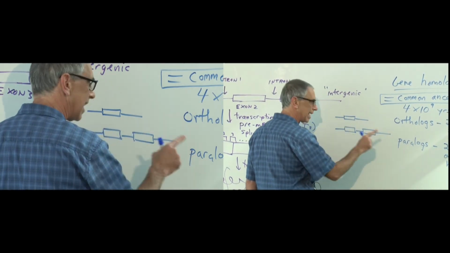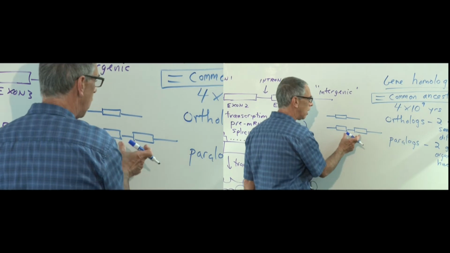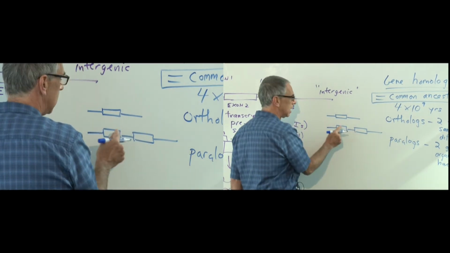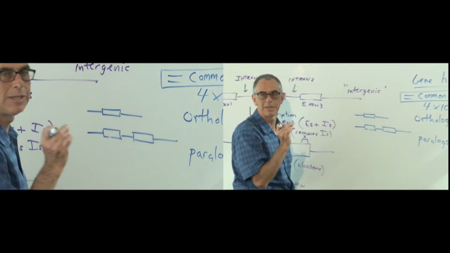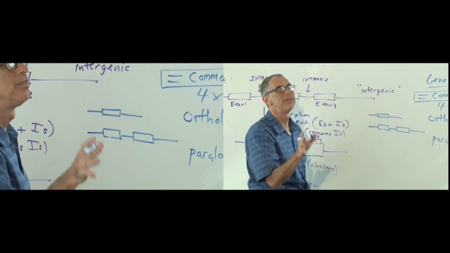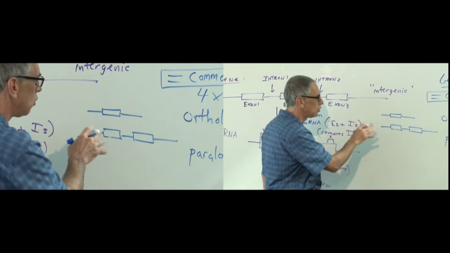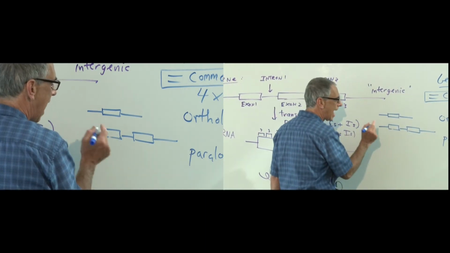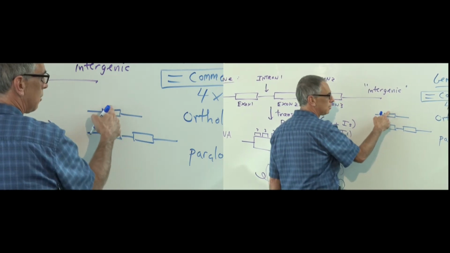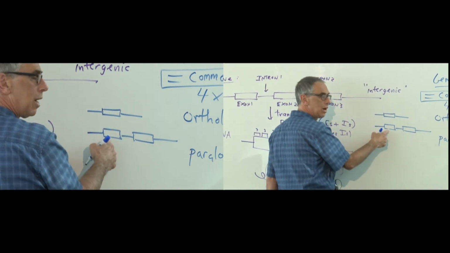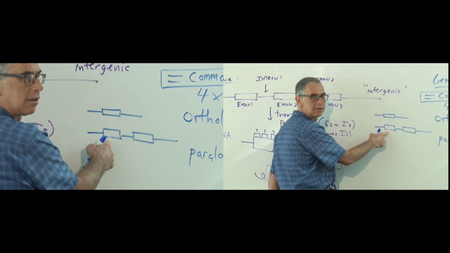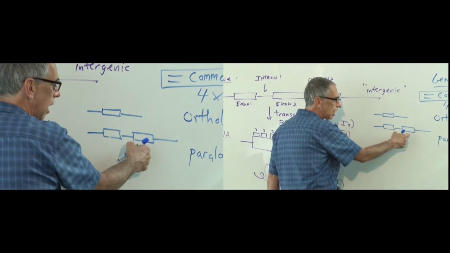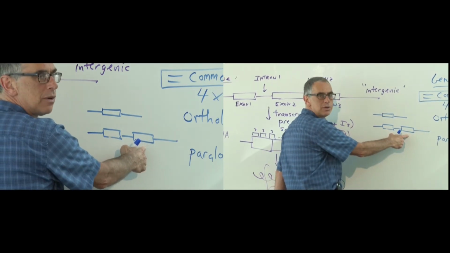Now, but I said that the functions have diverged. On the day that this happens, these are identical copies and might be doing exactly an identical thing. They're still paralogs, but we don't usually get to observe that. What happens is, this had some critical function for life, and one of these guys has to continue doing that critical function. But the other guy is now free to evolve.